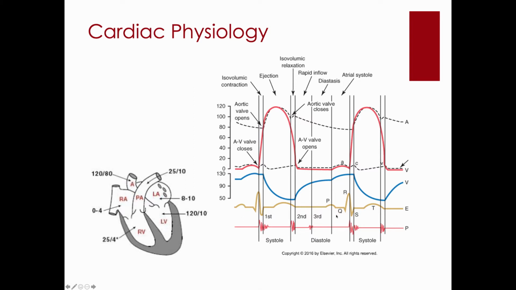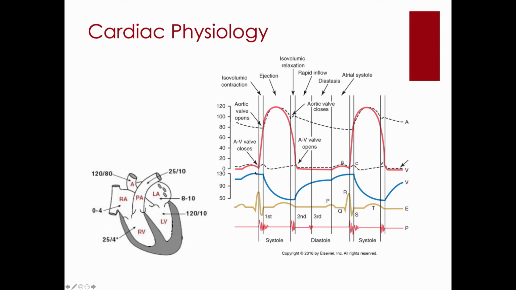But the important things to remember here are S1 forms by closure of the mitral and tricuspid valves. AV here stands for atrioventricular valves. That's the mitral and the tricuspid. Okay, mitral valve closes slightly earlier than the tricuspid valve because the depolarization of the left ventricle happens before the right.